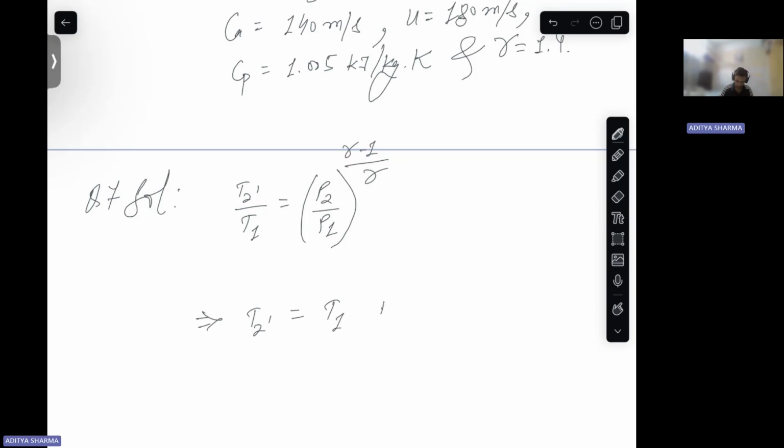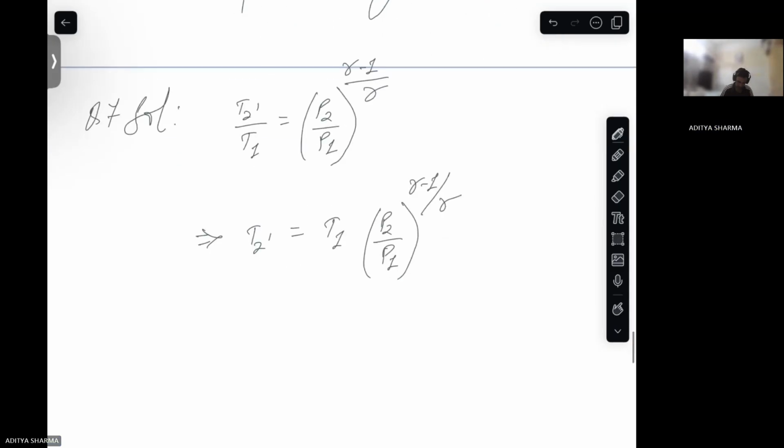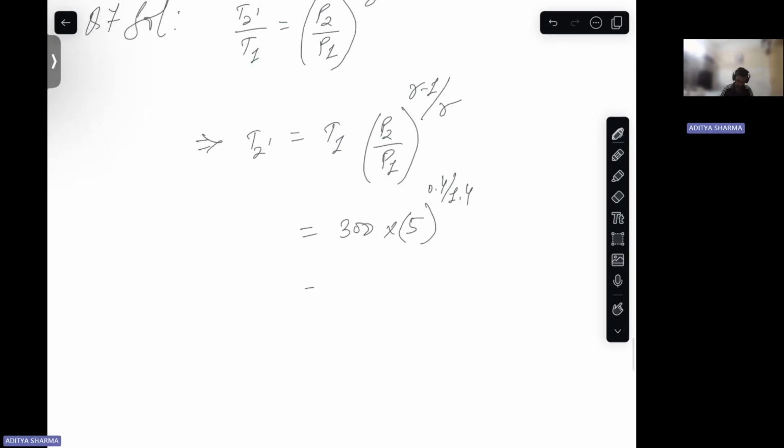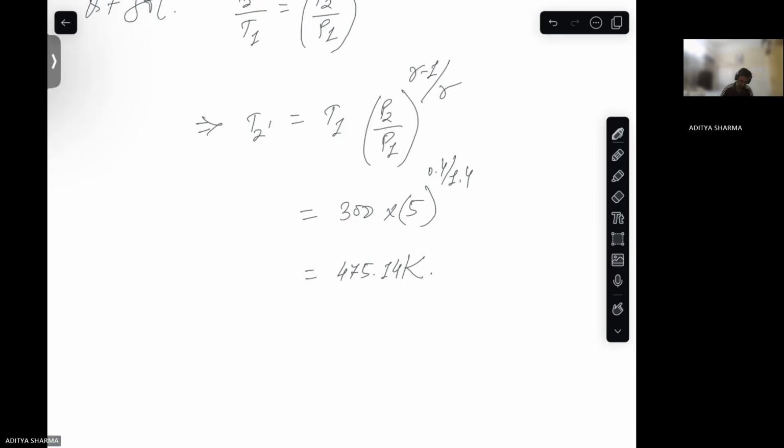This is T1 into P2 by P1 raised to gamma minus 1 by gamma. So this is 300 into 5 to the power 0.4 by 1.4. Now, if you calculate this, this will come out to be 475.14 Kelvin.